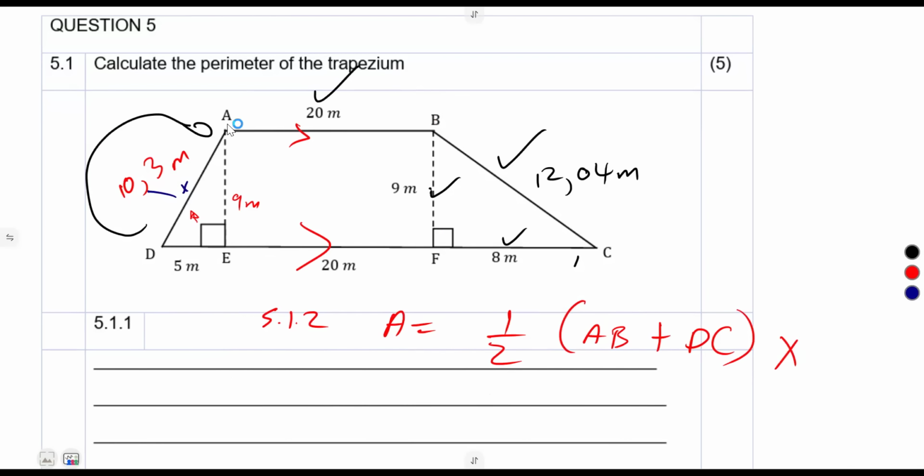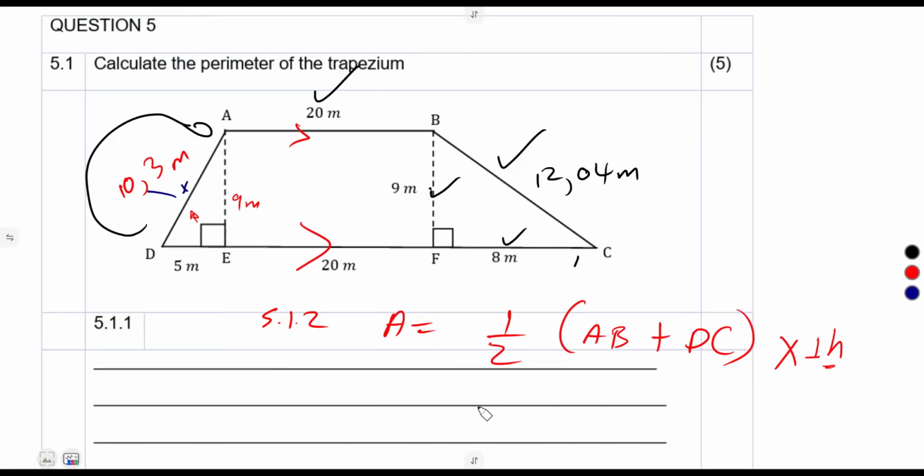You can use AE, you can use BF, this is your perpendicular height. So we can use AE as our perpendicular height, or B to F, either one. That is our perpendicular height.